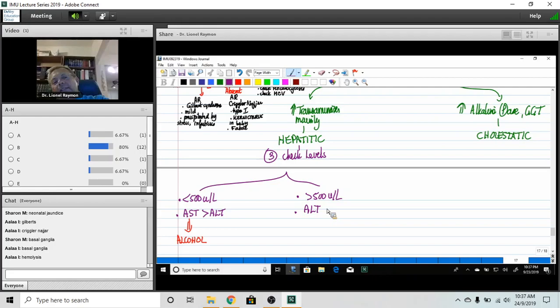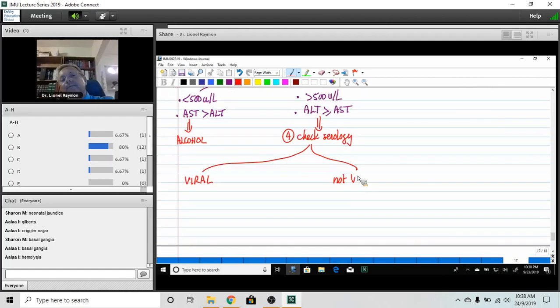So there, your next step is going to be to check serology. And as you check for serology, you're going to be able to split this into 2 groups, viral or not.